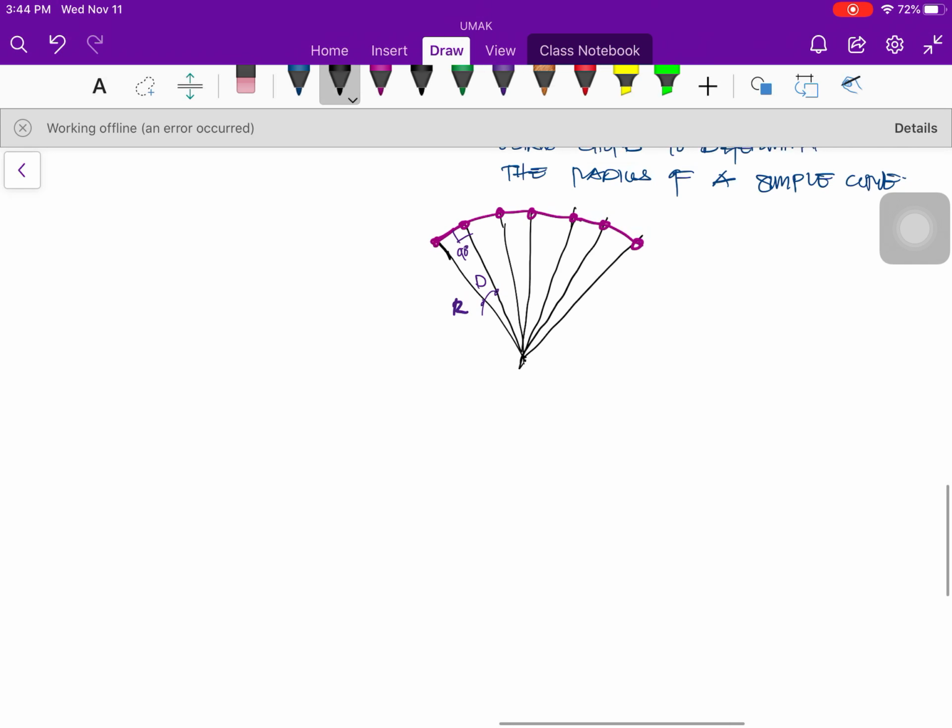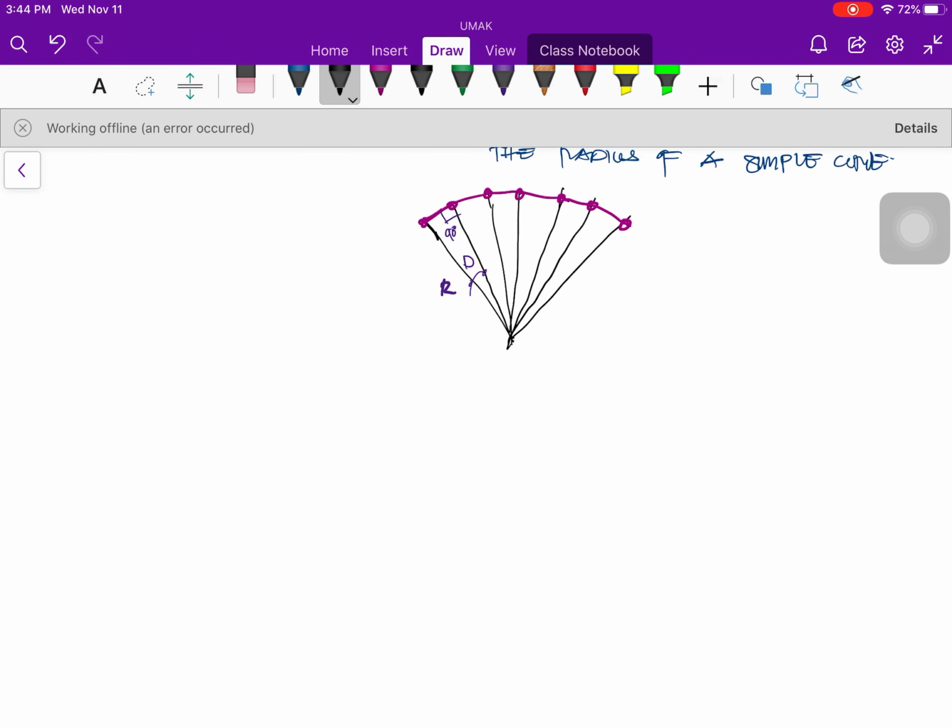So if you will amplify it, we'll have a situation like this one. This one is your radius. This is your deflection angle.